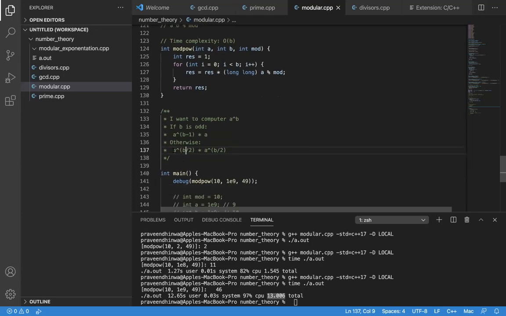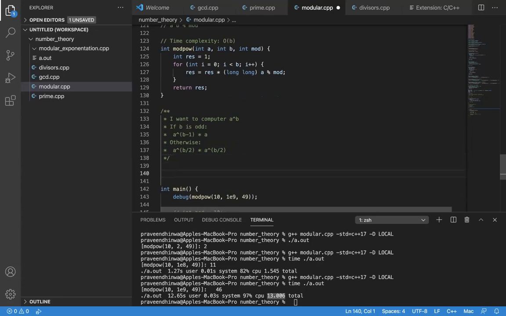I can write a power b as a power b by 2 times a power b by 2, because when exponents are multiplied, they will be added. When you multiply a power x times a power y, your answer would be a power x plus y. So your exponents will be added. This part is clear to everyone.